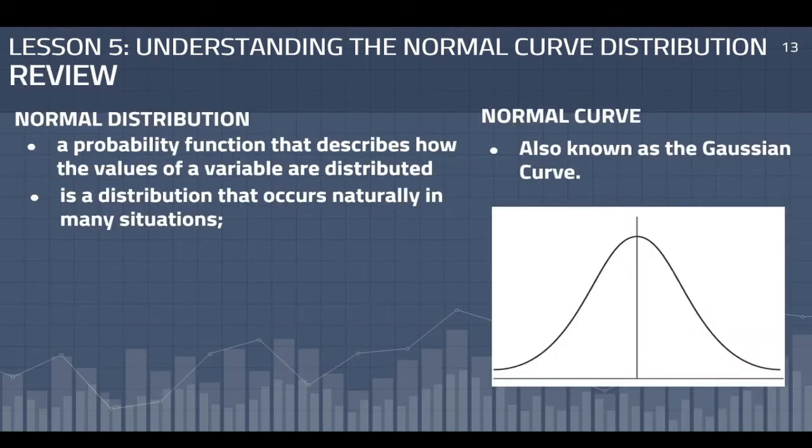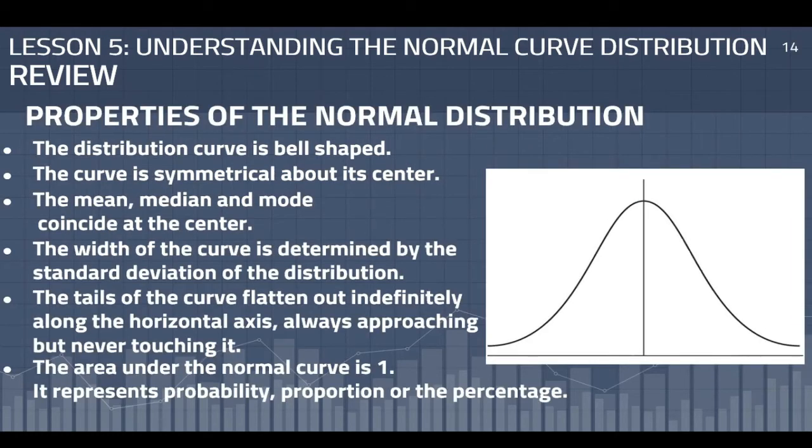Next, the normal distribution. Let us review. The normal distribution, a probability function that describes how the values of a variable are distributed. It is a distribution that occurs naturally in many situations. Normal curve, also known as the Gaussian curve. And also, the properties, wag natin kakalimutan. Unang-una, distribution is bell-shaped.